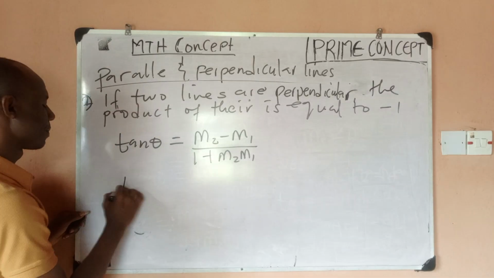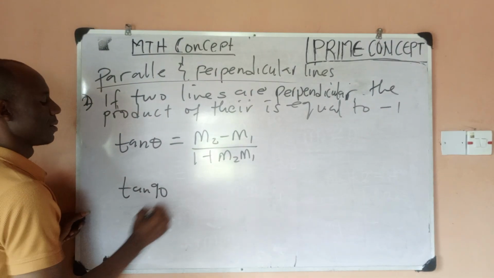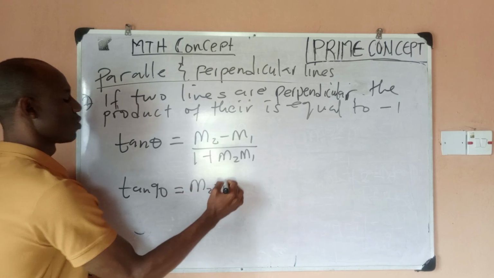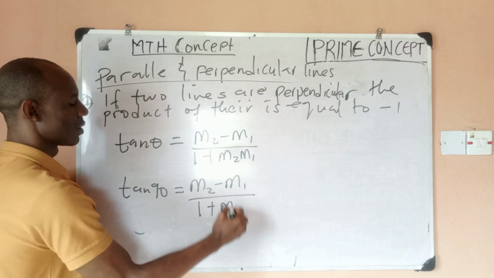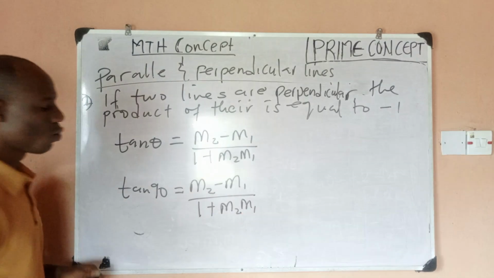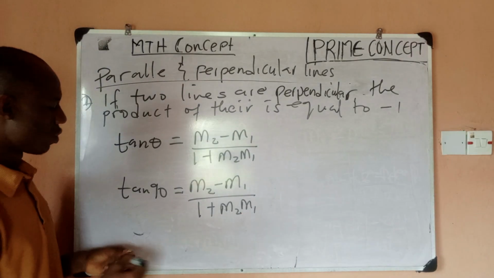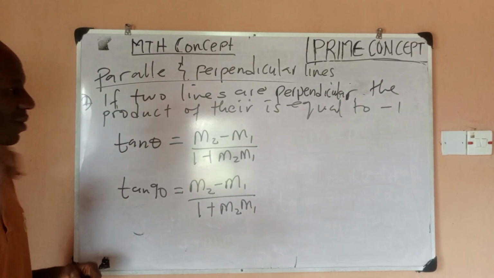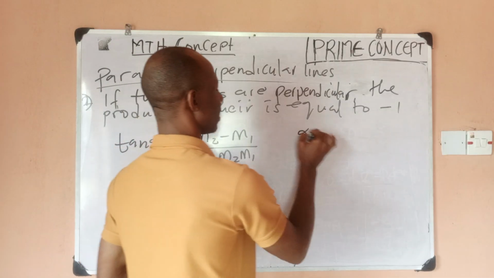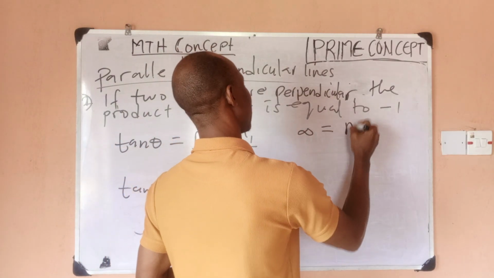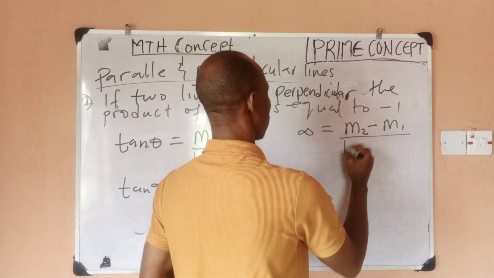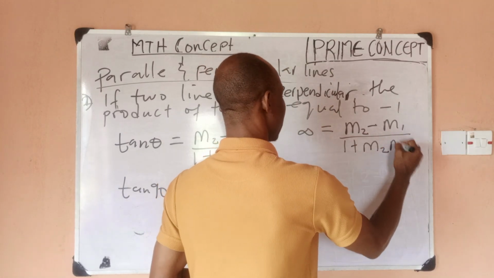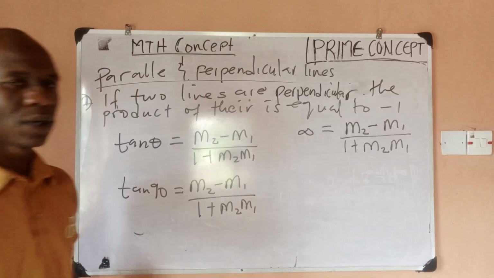So I would say tan 90 is equal to m2 minus m1, all divided by 1 plus m2 m1, right? And we know that tan 90 is infinity. So I'm going to say infinity equals m2 minus m1, all divided by 1 plus m2 m1.